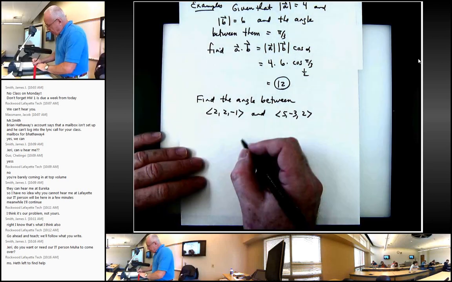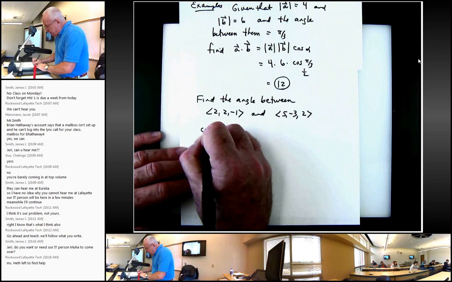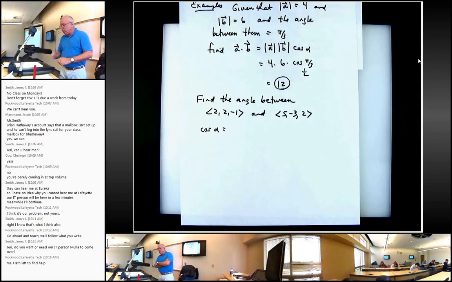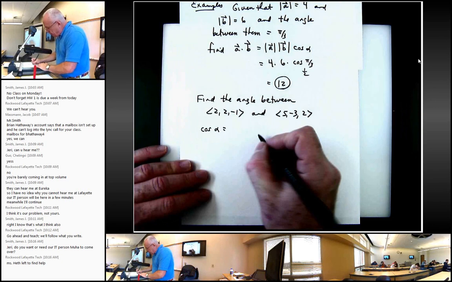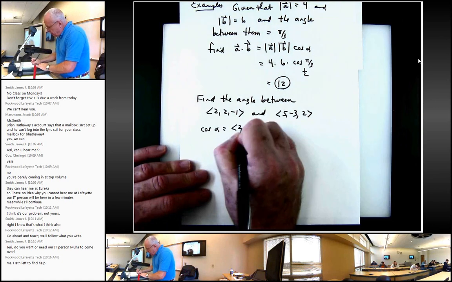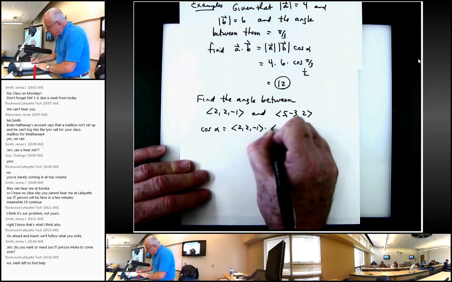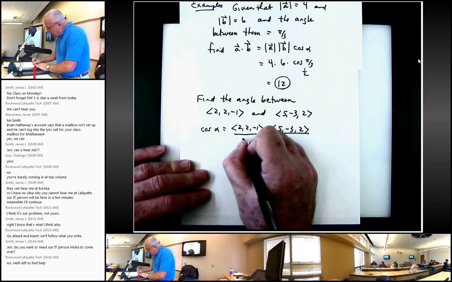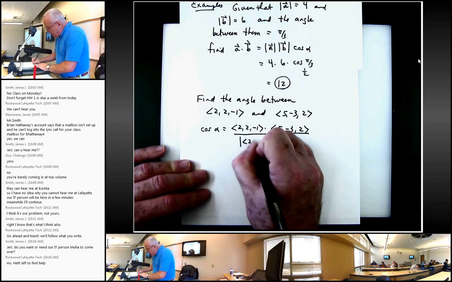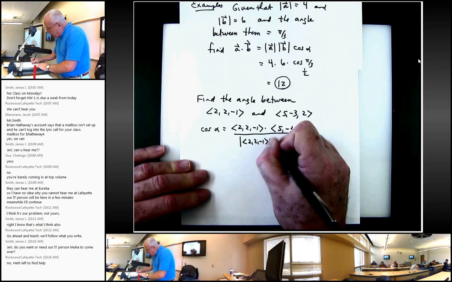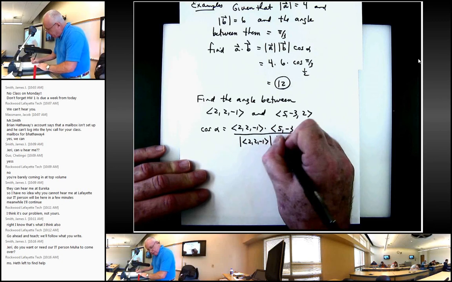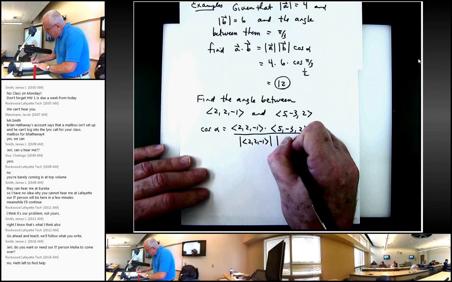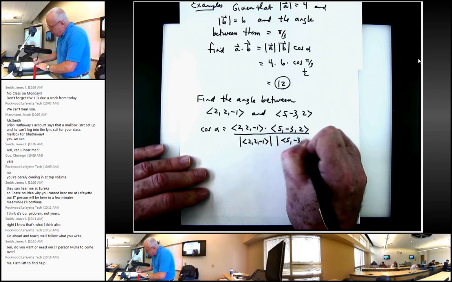Well, the formula is this: the cosine of this angle is equal to the dot product of the one with the other, divided by the product of the magnitudes, the magnitude of 2, negative 1, 2 and the magnitude of 5, negative 3, 2.